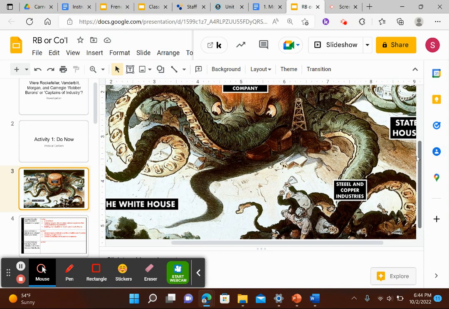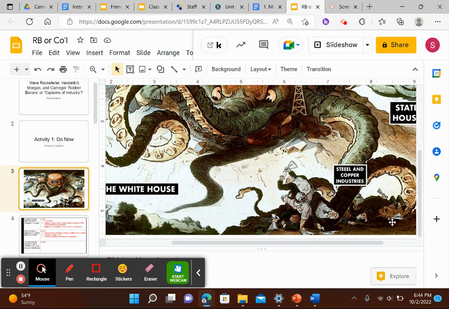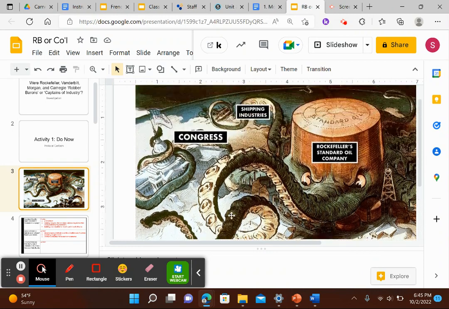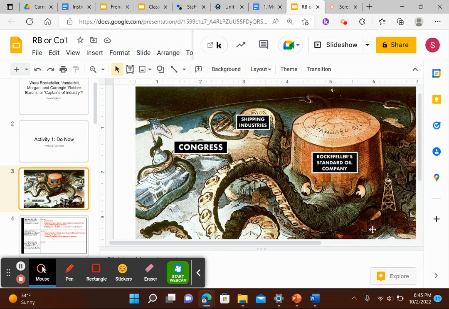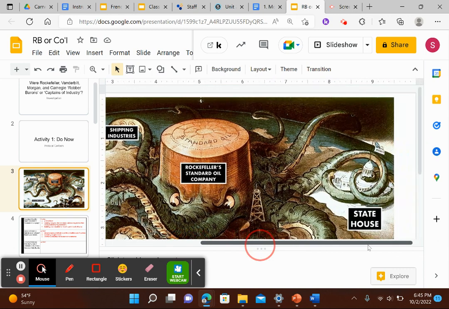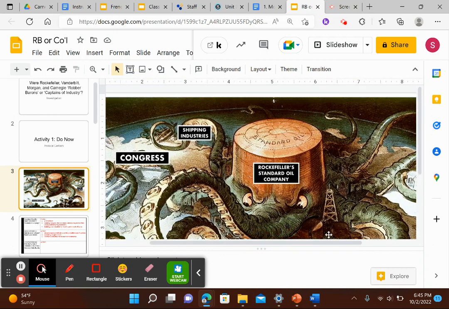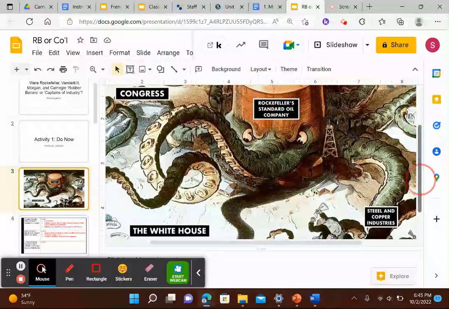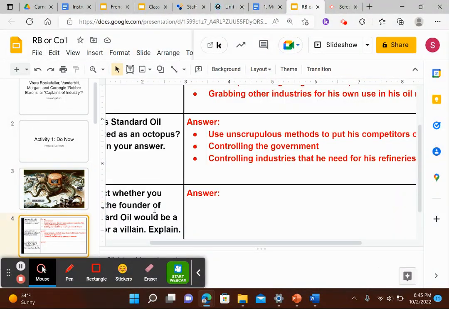These people down here that he's grabbing at in the copper and steel industries, they look angry or defeated or upset. So they don't look happy, right? I don't think that we would think it's a good thing that industry is controlling our government rather than the people since we're a democracy. So you have to ultimately decide, is this a positive portrayal of Rockefeller or a negative one?